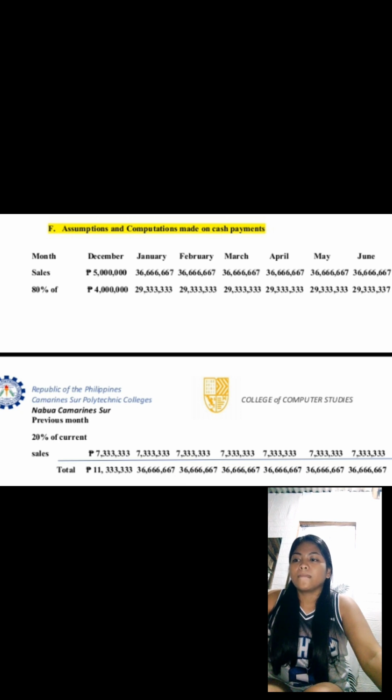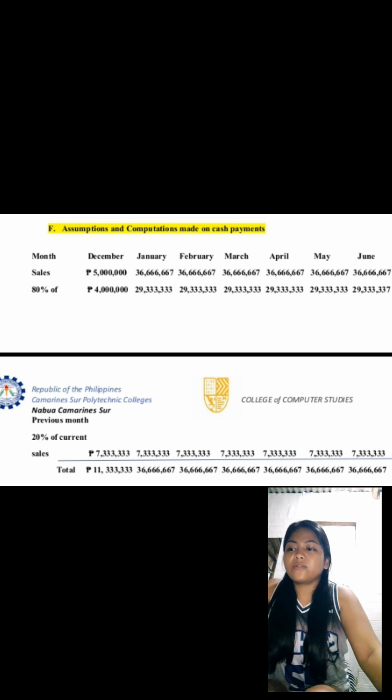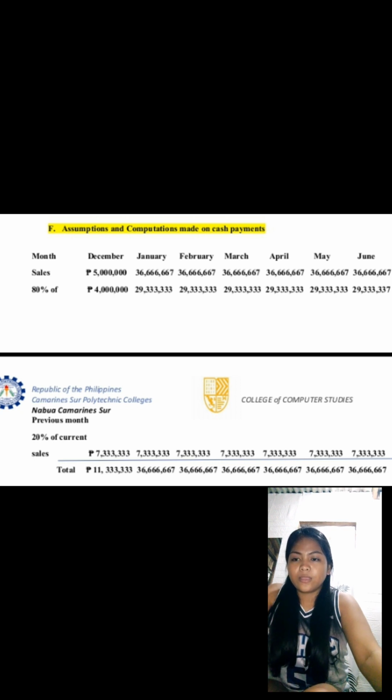The 80% of the previous month represents the expected portion of sales from customers who haven't paid yet from the previous month, and the 20% of the current month's sales reflects the portion of sales expected to be paid immediately. The total cash receipts for each month are then calculated by summing up these two components. This breakdown helps estimate the cash flow expected from sales over the specified period.